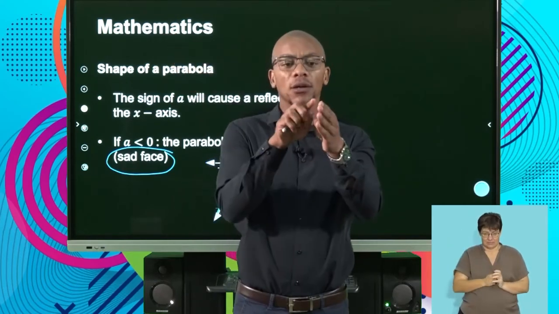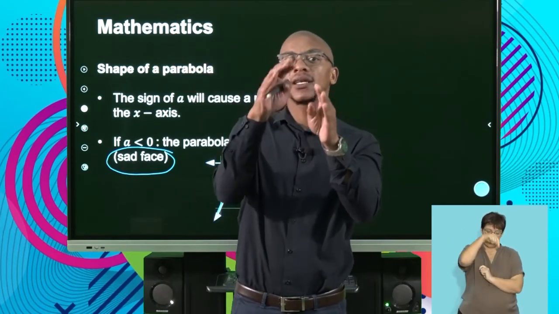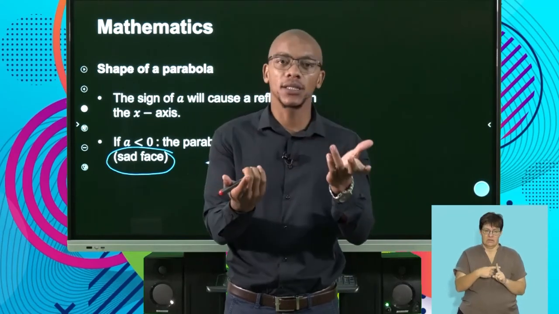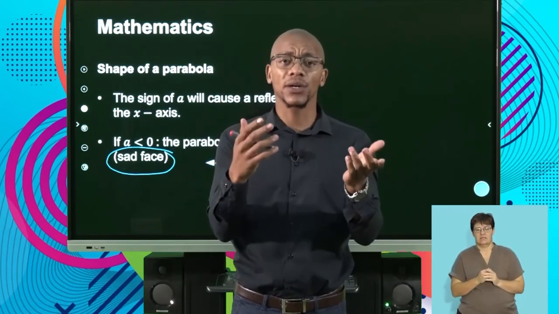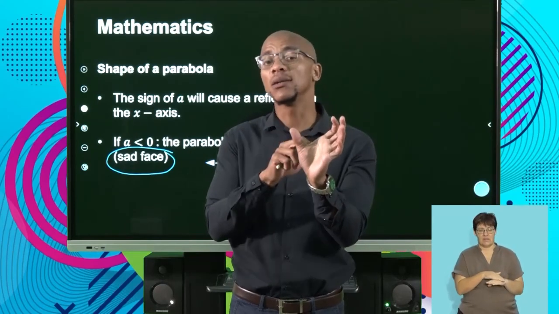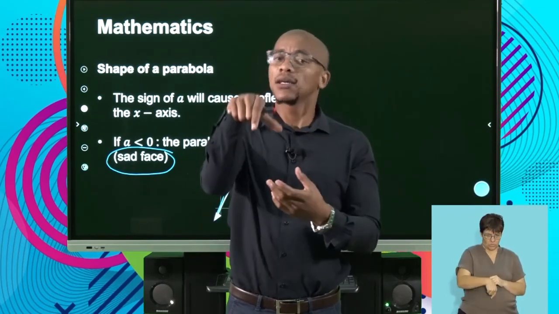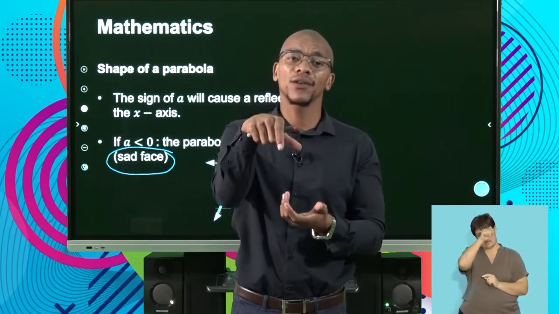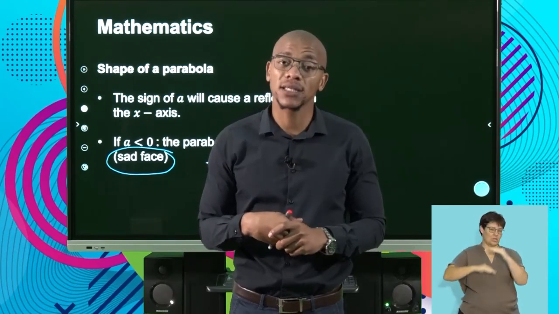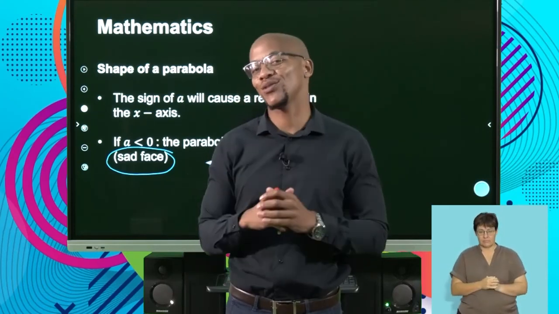So the turning point will be where it is just turning to change the direction. Normally when a is positive, meaning greater than 0, the turning point is said to be the minimum, and then when it is concave down, which is a sad face, the turning point is said to be a maximum, because that's the highest point of the graph.